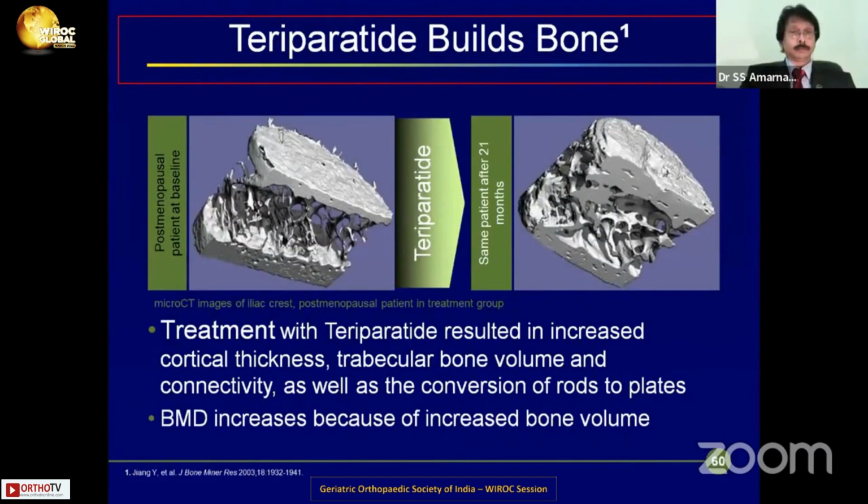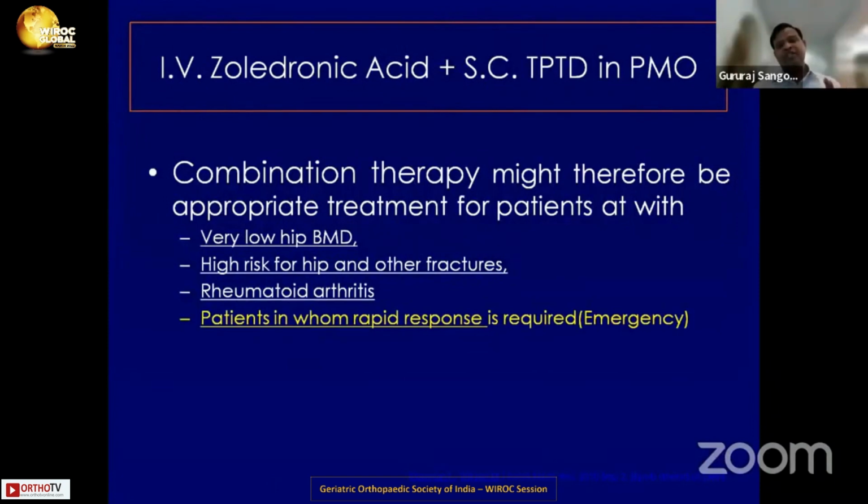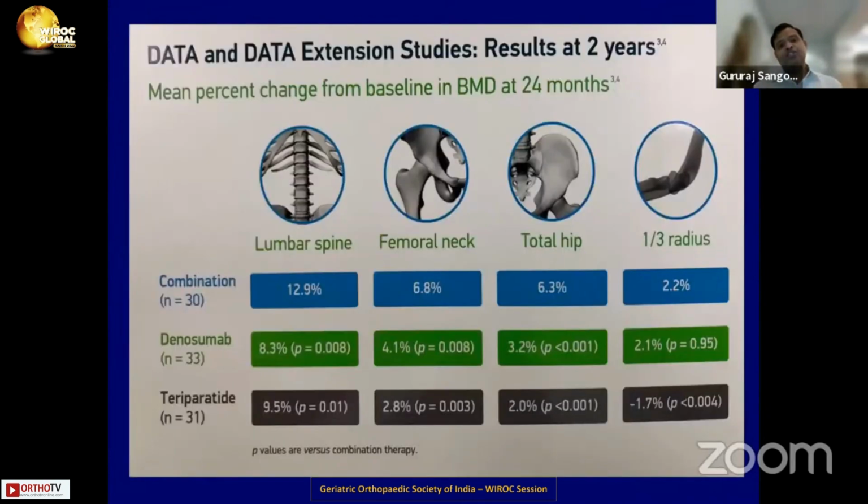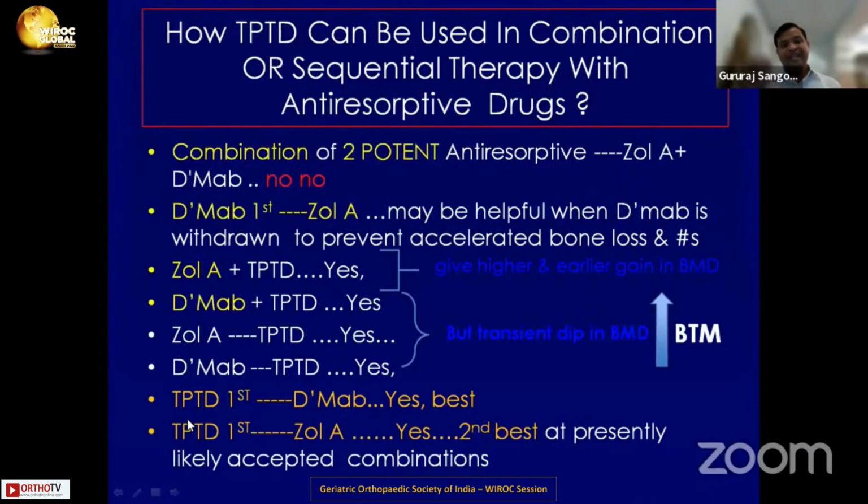Teriparatide is the gold standard wherever you have fragility fractures or severe osteoporotic fractures, because this is the only anabolic agent available right now. The combination therapy we all know. Teriparatide and denosumab can also be combined. You see in this slide that combination therapy definitely yields better BMD values as compared to denosumab or teriparatide alone.